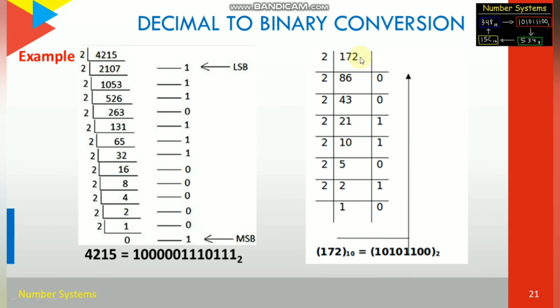So once you divide this n by 2, you will get n1 as well as r1. So you will get a quotient as well as a remainder. Again you should divide this n1 by 2, and again you will get another n1 and r1. So you should go on dividing this number by 2.